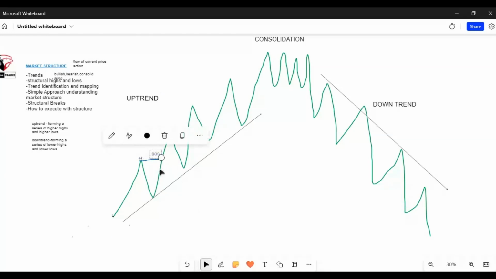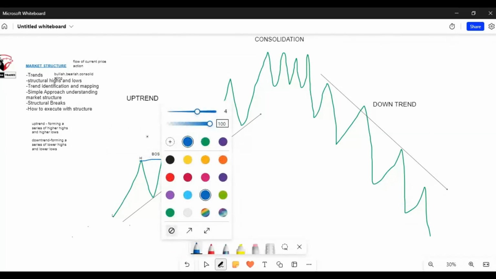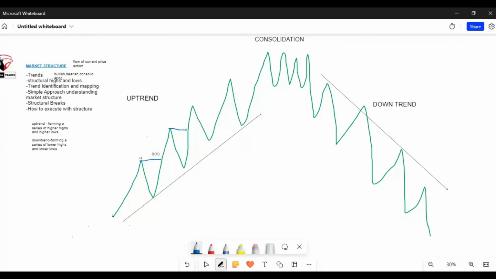When price breaks a high in an uptrend scenario, every time we see price break a high, we call that a break of structure. It's a break of structure because price has broken the high, so this structure is now invalid. We're looking for new structure. When price comes and forms a new high, then that's our new structure point and it repeats, right?